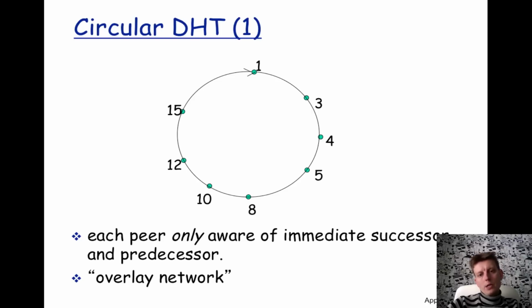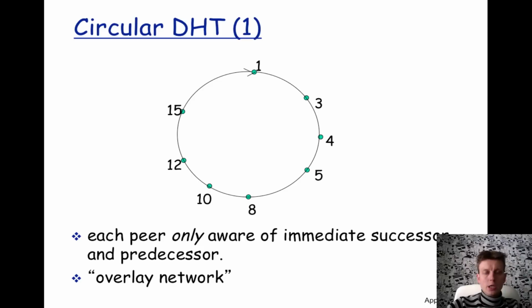Now the question is, how do we search for the information? In order to answer this, we need to first consider how we arrange the peers in a sort of topology on which we can perform the routing of the requests to find specific information.